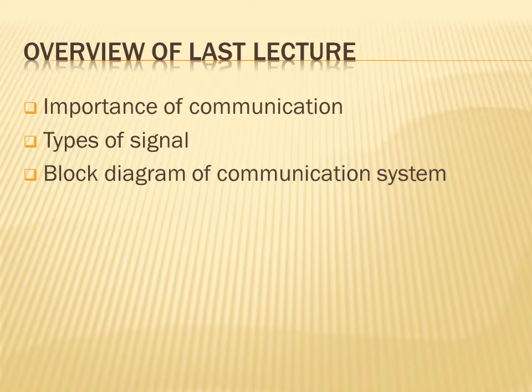Noise is an unwanted electrical signal added into the signal. Noise has two types: natural noise and man-made noise. Natural noise includes lightning and radiation from sun and stars, and man-made noise includes noise from automobiles, welding machines and motors.